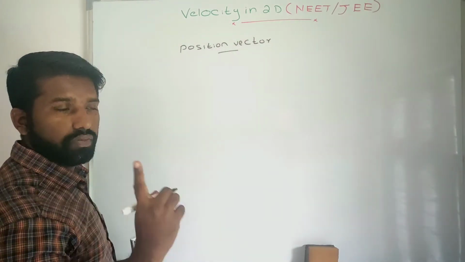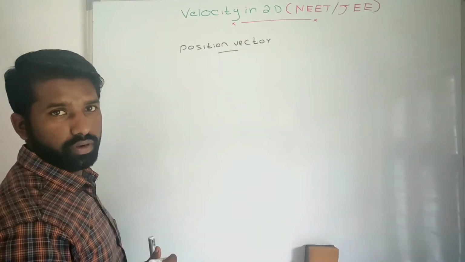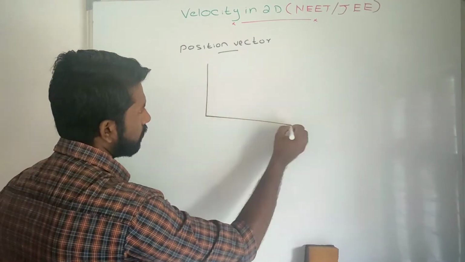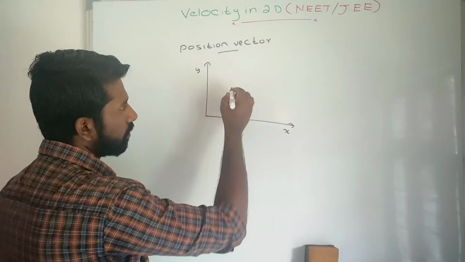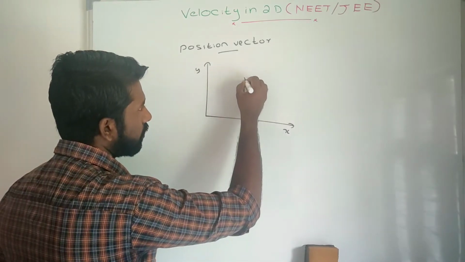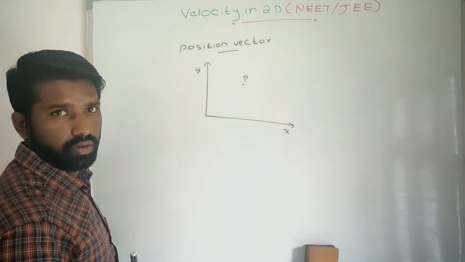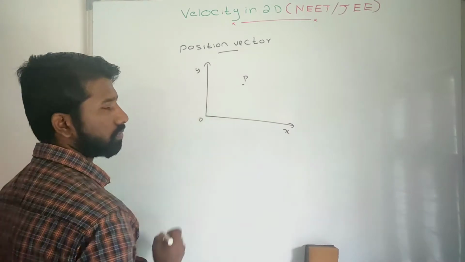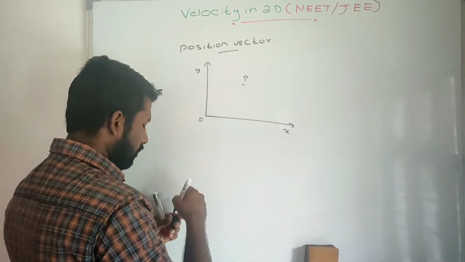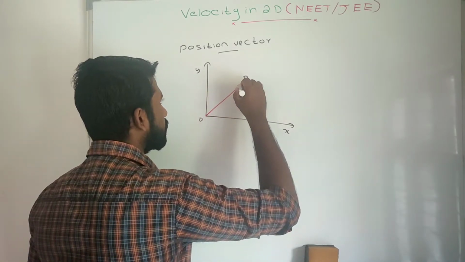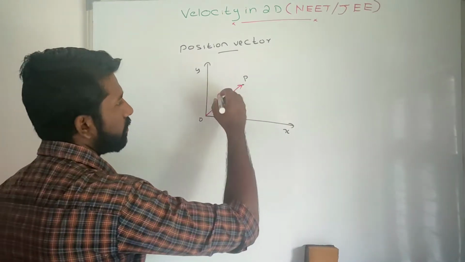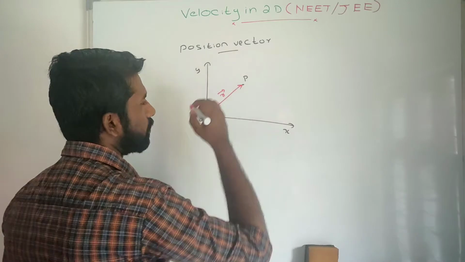Position vector is a vector which specifies the position of an object. This is the x-axis and this is the y-axis. Consider a point here. This is the position of an object. I need to specify the position. So, there is a vector you can draw from the origin towards the point P. This is the position vector of the point.